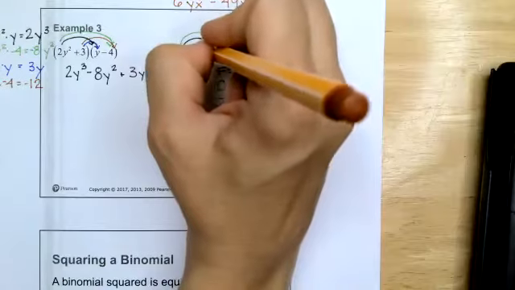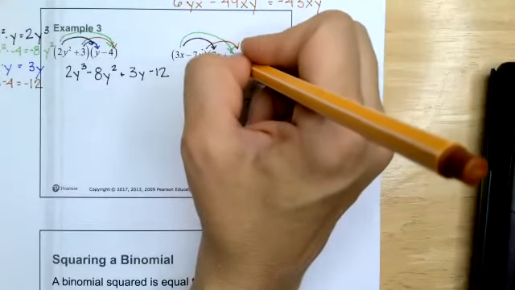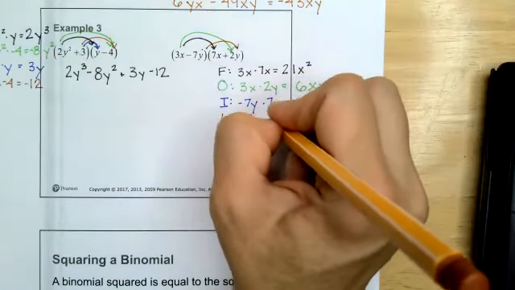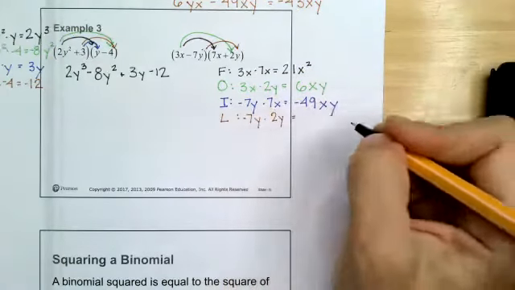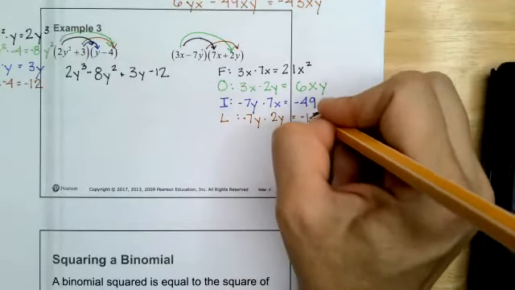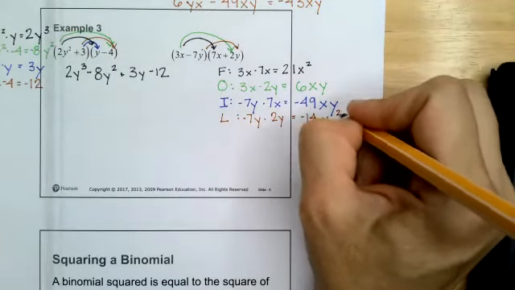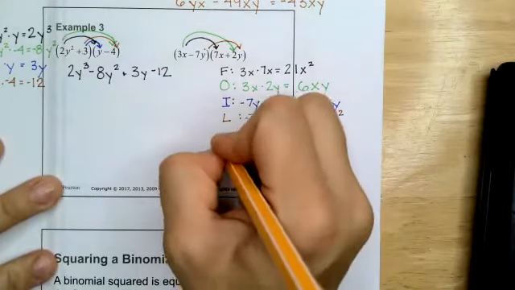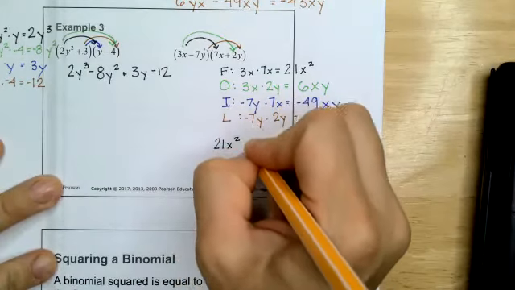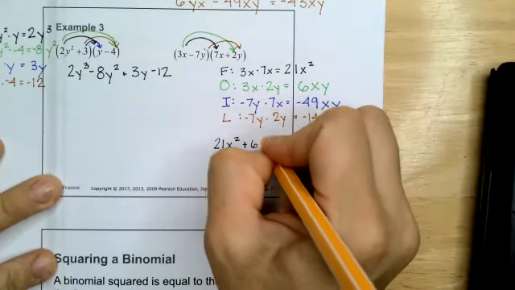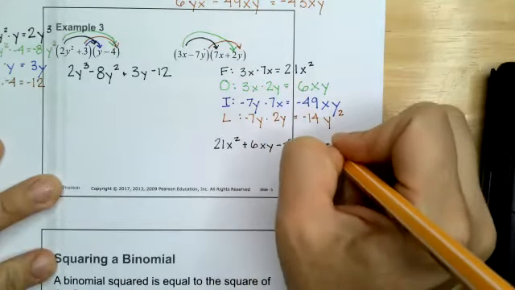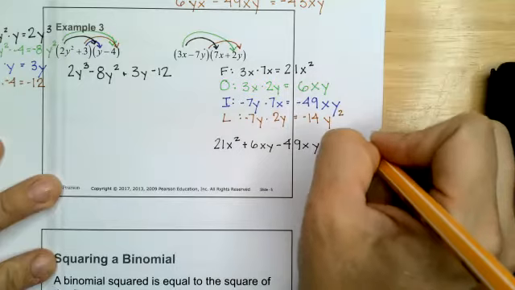The last one, the L, is negative 7y times positive 2y. So negative 7 times a positive 2 is a negative 14. Y times y is y squared. So we have 21x squared plus 6xy minus 49xy minus 14y squared.